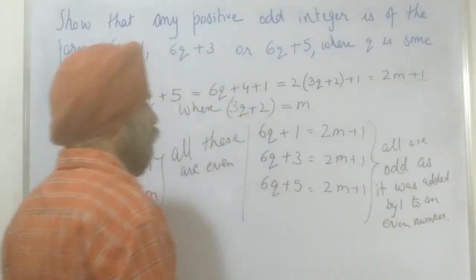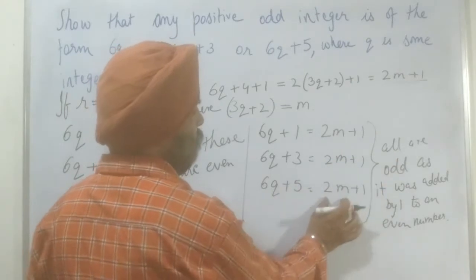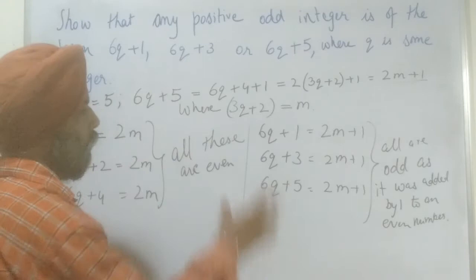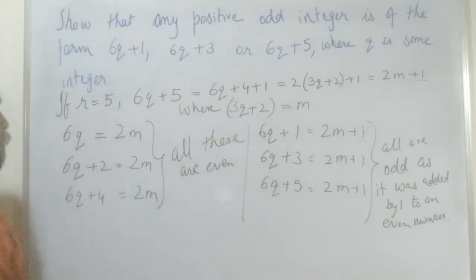Okay, now it is very clear. Now this is even and we are adding 1, this is even, we are adding 1, this is even, we are adding 1. So these all are odd numbers, right? So these are not even and these are even. So it is very clear.